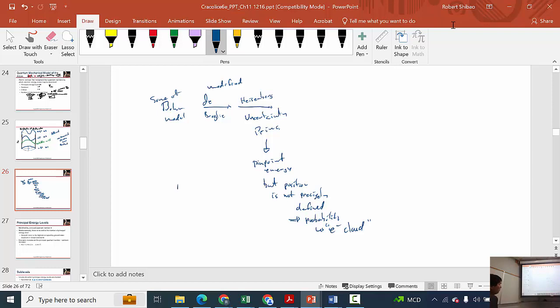So one way of thinking about the electron cloud is like this. You have to think about the electron as being like a bird, and the nucleus is the nest here. So let's say we find the electron here.